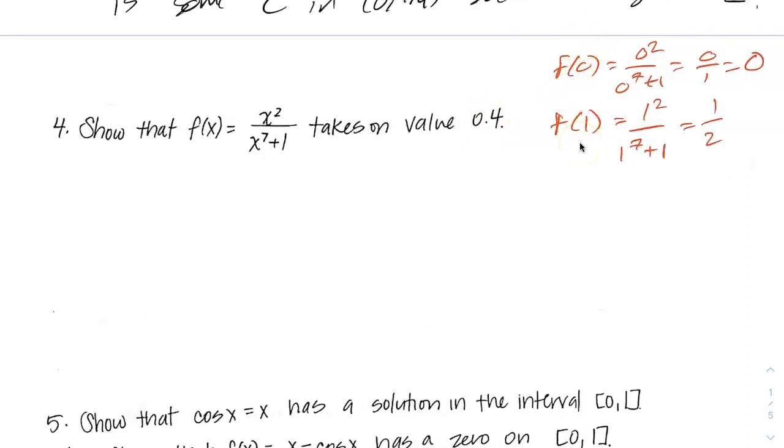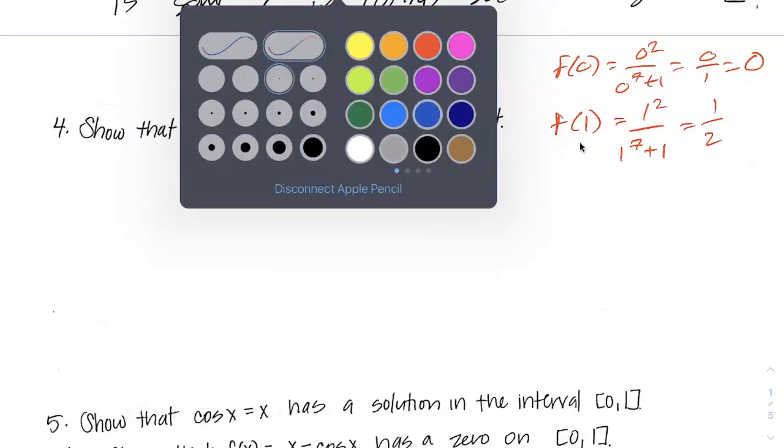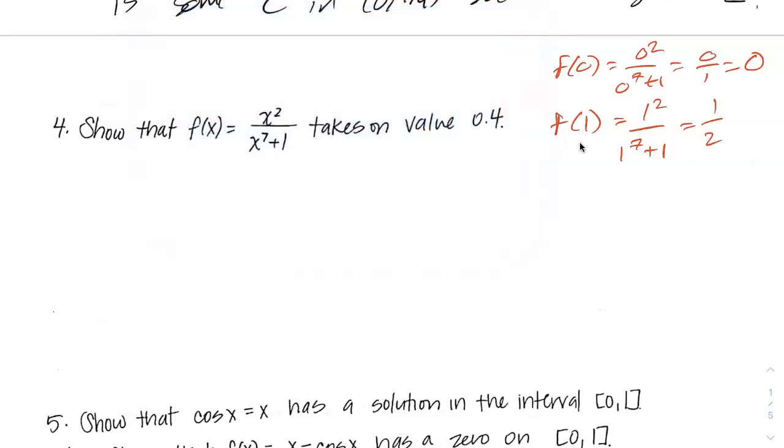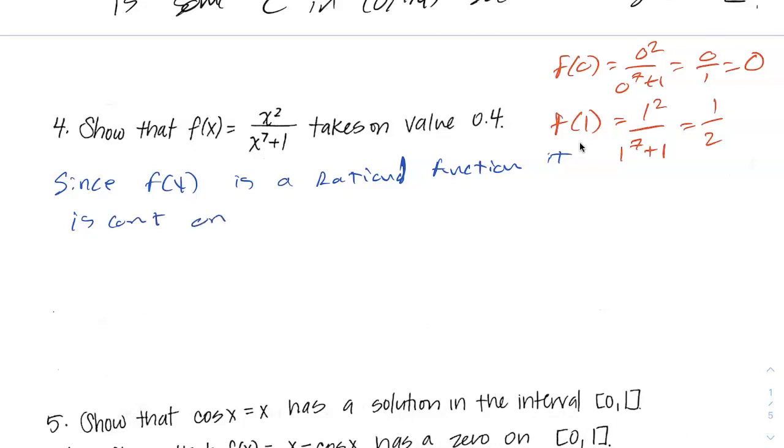Other than that, we're treating it the exact same way. Step 1, show it's continuous since f of x is a rational function, it is continuous on [0, 1].